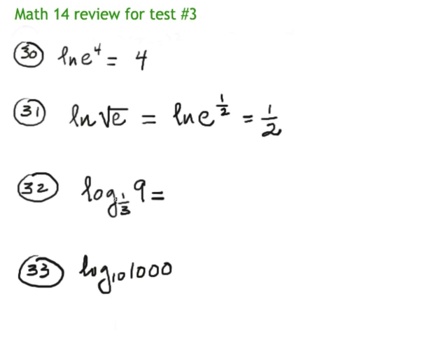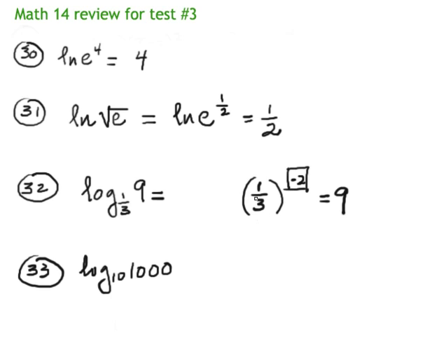Okay, here we're asking what exponent of, here I'll write this on the side, 1/3 is the base. What exponent of 1/3 will give us the number 9? Well, 1/3 to the -1 is 3, so 1/3 to the -2 is 9.